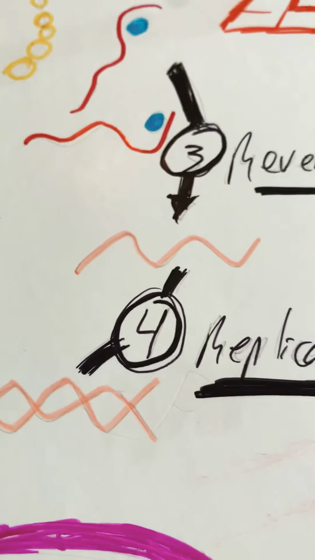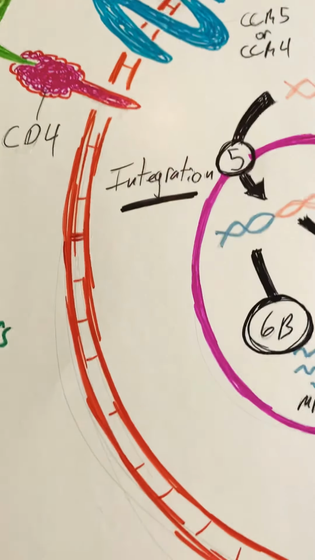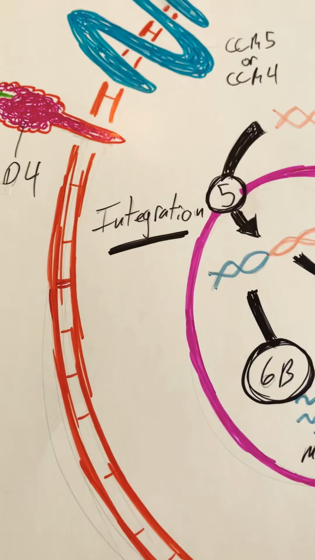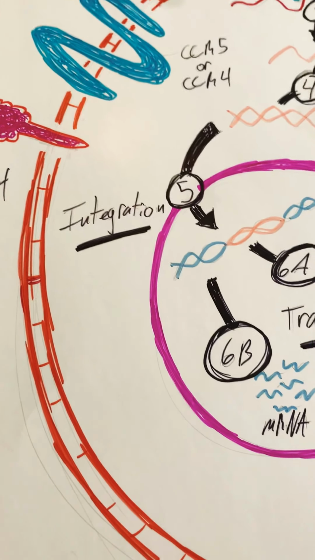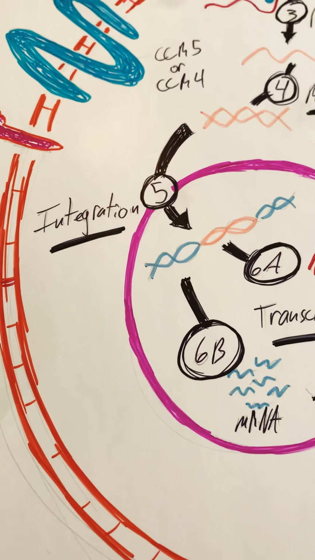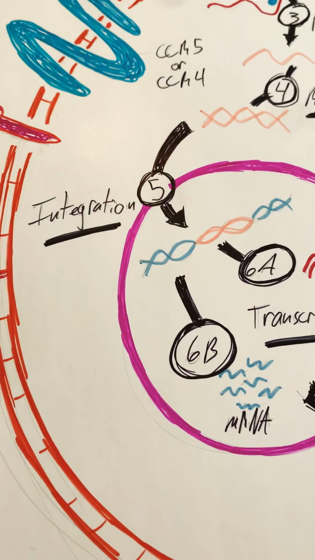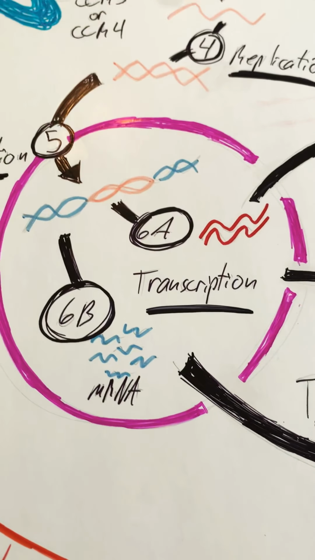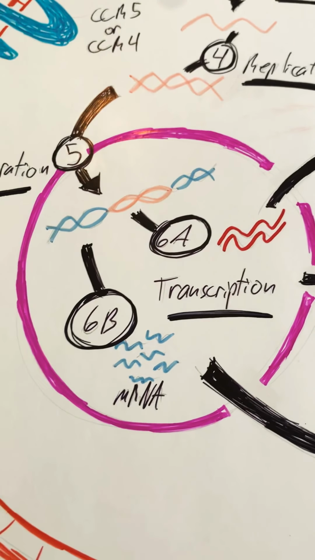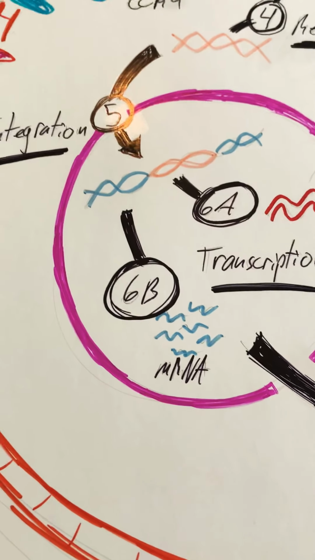So it goes from one strand to two strands. Fifth step here is integration. So double-stranded HIV DNA becomes integrated into the host cell DNA under the direction of a viral enzyme known as integrase. The integrase strand transfer inhibitors inhibit this enzyme.